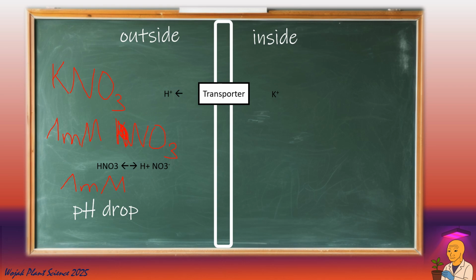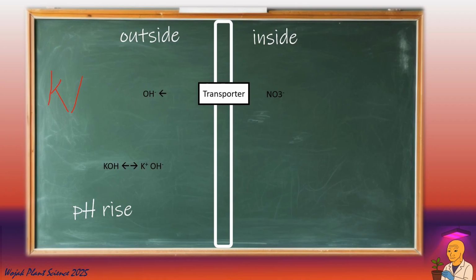So what has happened here is we see a pH drop because we lost our base and we got an H plus in return, and what we still have is nitric acid. Of course, this also can go the other way. We get a rise in pH if we lose our nitrate.